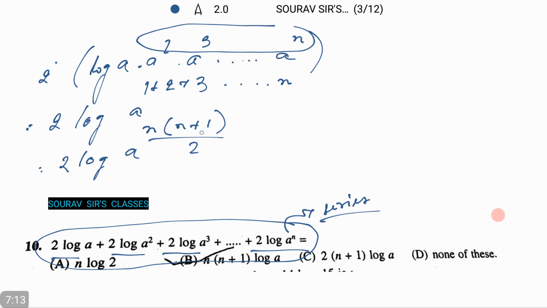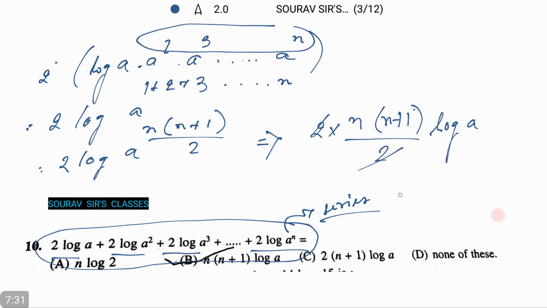And then by the law of logarithms, we can write 2 into n into n plus 1 by 2, where the 2 and 1 by 2 cancel out, and we have log a. So we get your answer as n into n plus 1 log a, which is B.